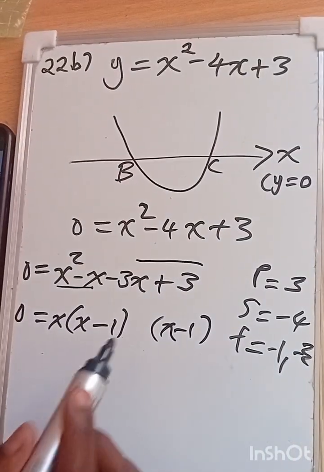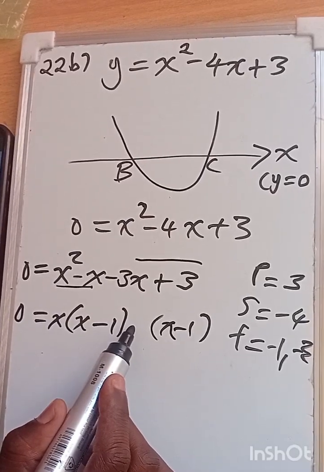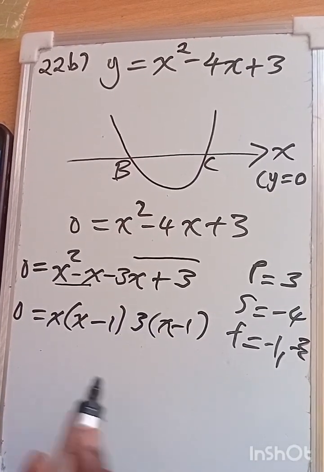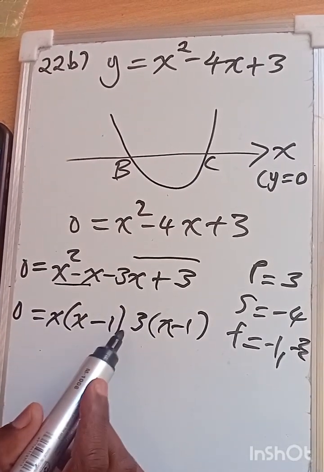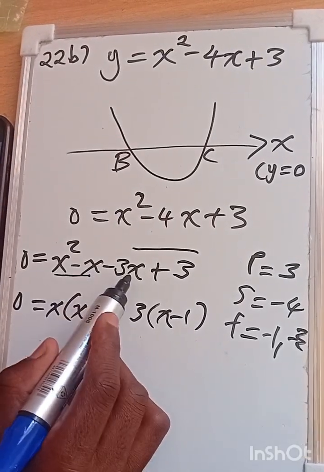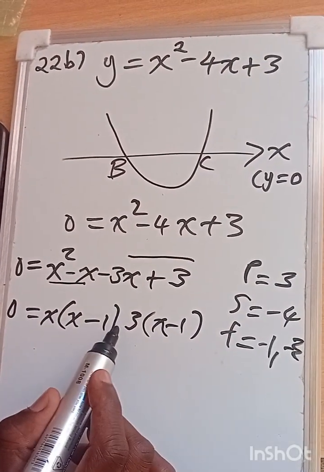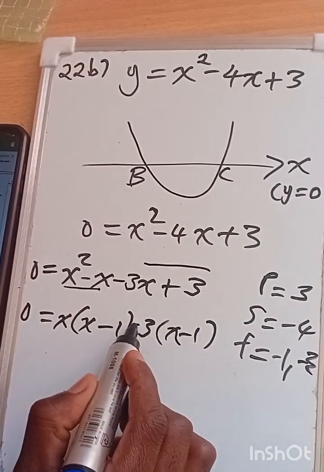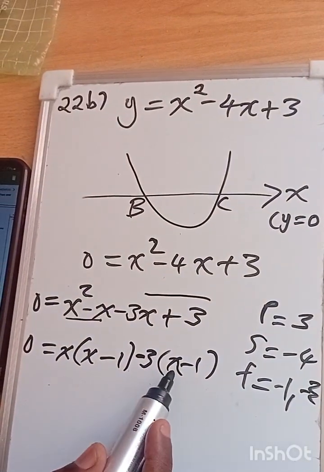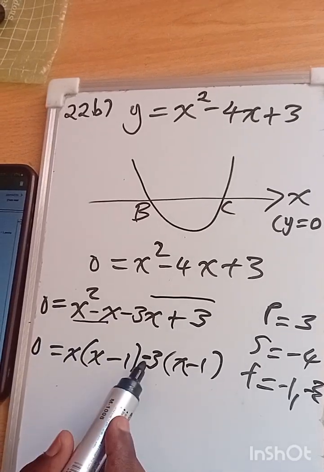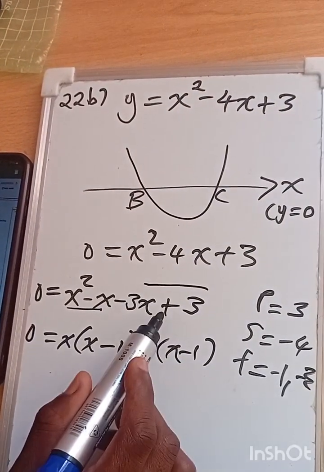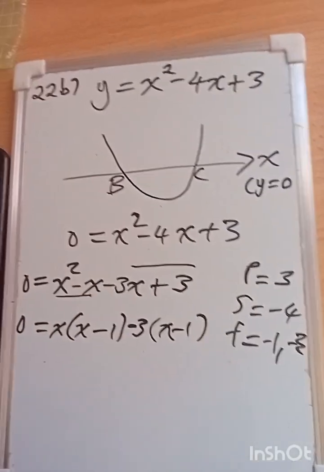Then here you need to put a number. Obviously it is 3, but we need to decide whether the sign is negative or positive. We need to get back -3x and +3. So this 3 has to have a negative sign, so that negative 3 times x gets back the negative 3x. Then negative times negative gets back the positive, 3 times 1 gets back the 3.